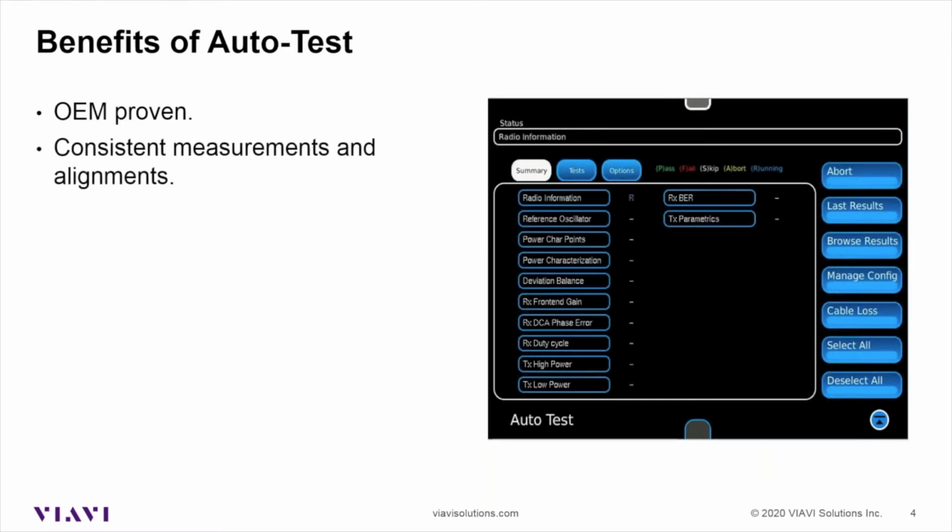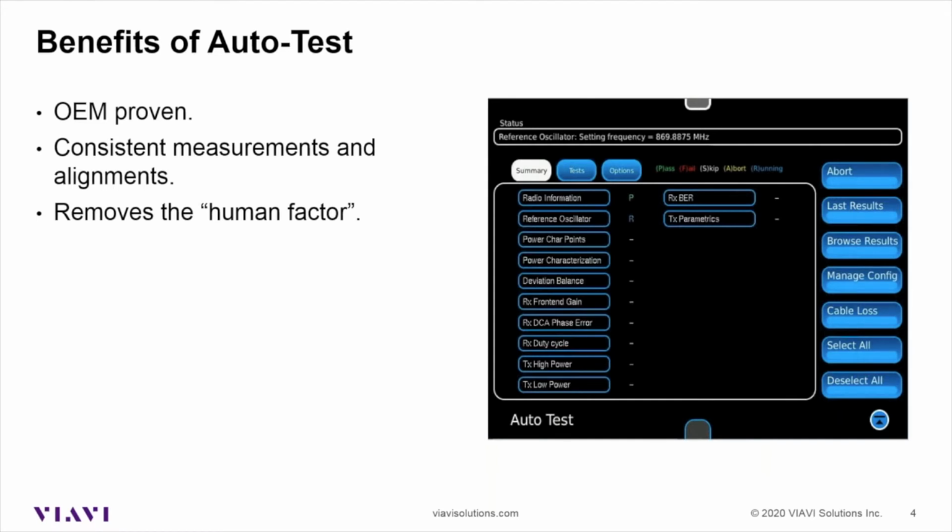One of the really great things about auto test, and this goes hand in hand with this third item here, removes human factor, is that we gain a lot of consistency by automating this process. When you have a technician sitting there doing these alignments manually, they're tied up in front of that radio the whole time, but maybe more importantly, every technician is going to view a meter a little bit differently.